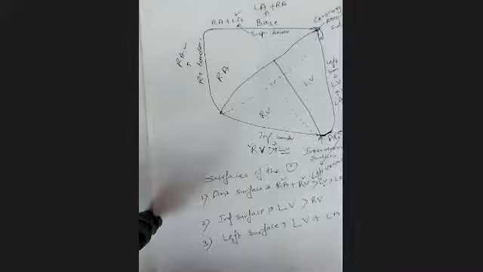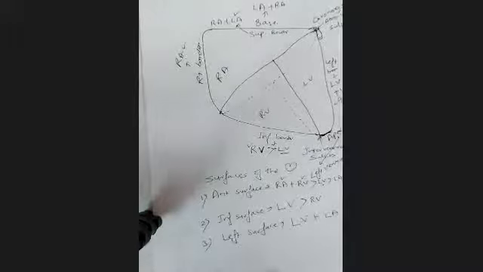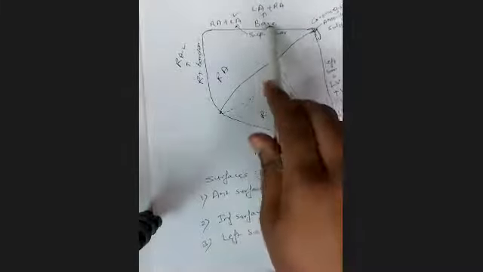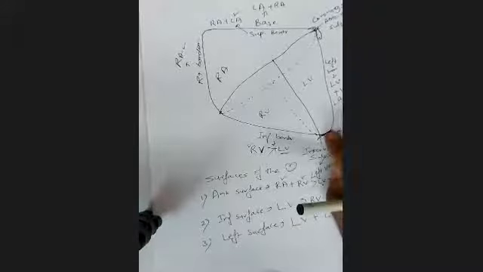So again, I will revise for you the external features of the heart. The base is formed by the left atrium and the right atrium. The apex of the heart is formed by the left ventricle.